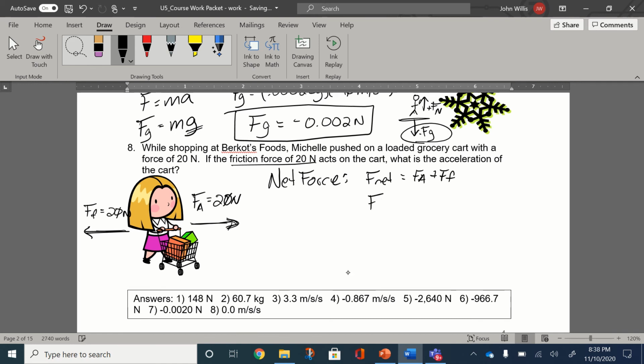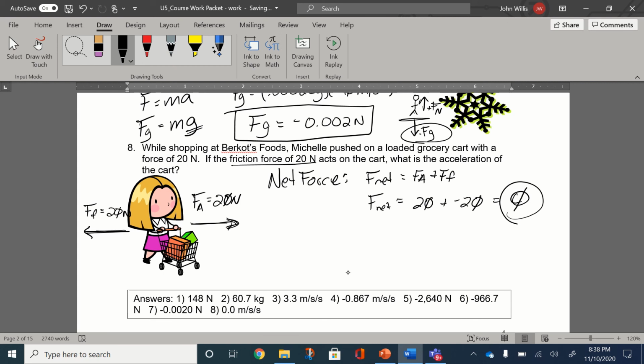Your net force is going to be 20 plus a negative 20, because we have to include direction, right? The force of friction I made negative. You could make whichever one of them you want to be negative. It doesn't matter, because your net force is going to come out to be 0. You have no net force. She's pushing with as much force as friction is also applying, and so they cancel each other out.